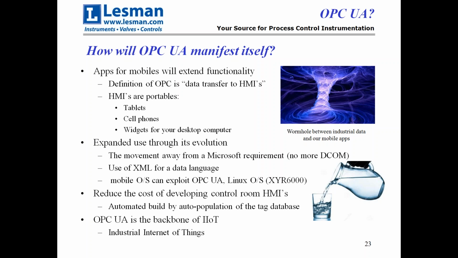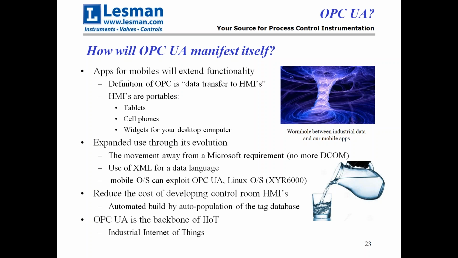It's going to use XML as one of its data languages, and it's going to be available on Linux, like the XWire 6000. It's going to reduce the cost of developing this kind of stuff, because when it pours itself back and forth, and you can actually see the tag name of what it is and all the properties are there, it'll be real easy at this point to develop HMIs.